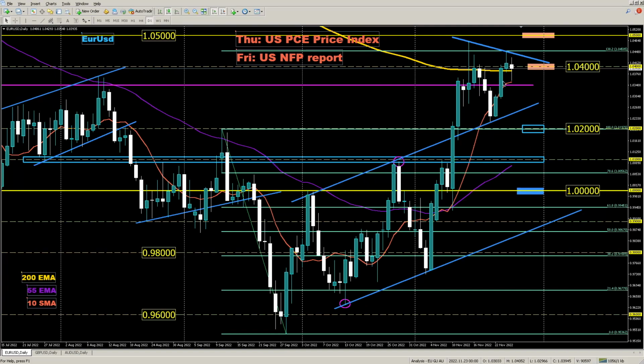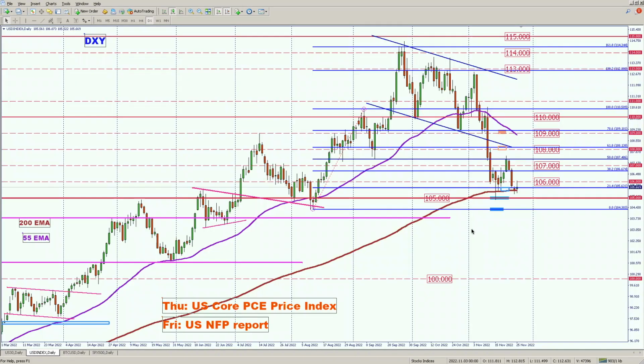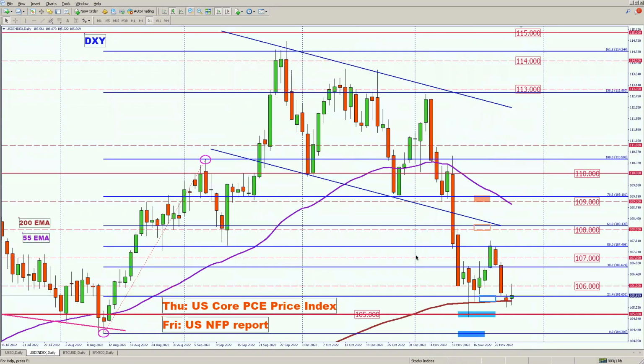So let's see if the US dollar index did reflect an inverse correlation with the euro here. Let's switch over. And here's the US dollar index, where it basically did the inverse move to the majors and climbed up initially just to the 50% retracement area before falling back down into support.